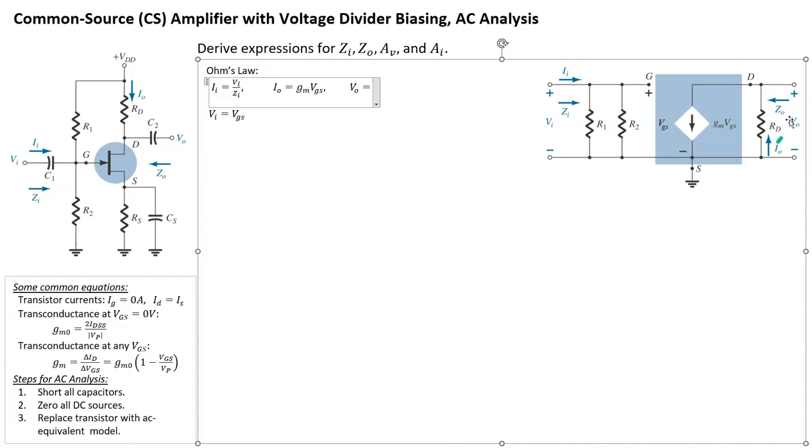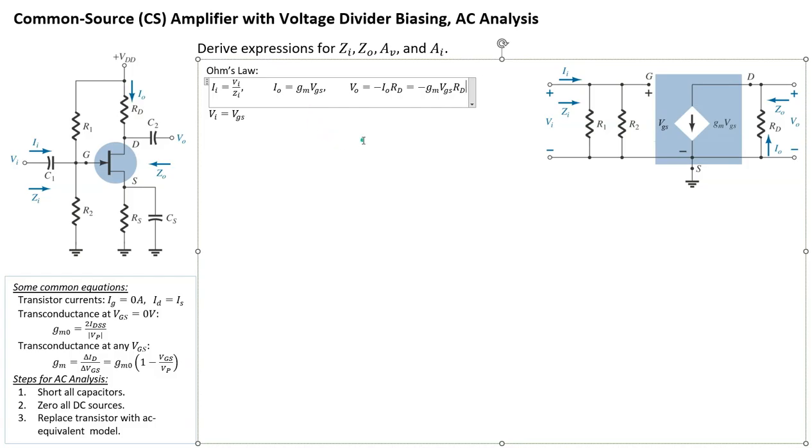To keep VO positive, the current needs to flow downward, opposite to IO, so we put a negative sign in front of IO, times the resistance RD. Expanding IO, which is gm VGS, VO is negative gm VGS times RD.